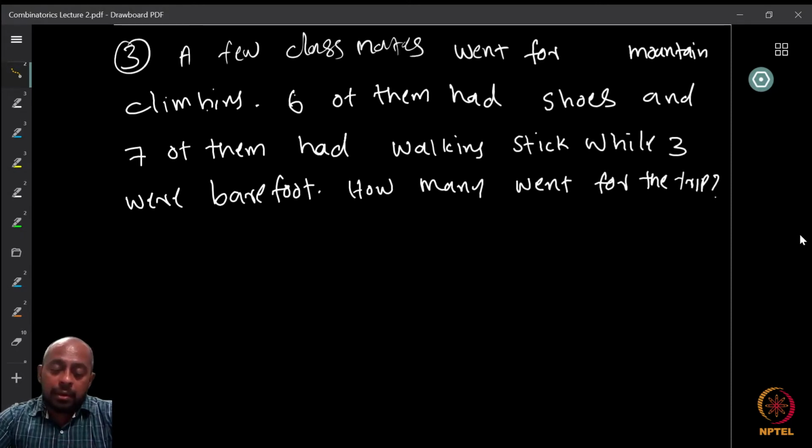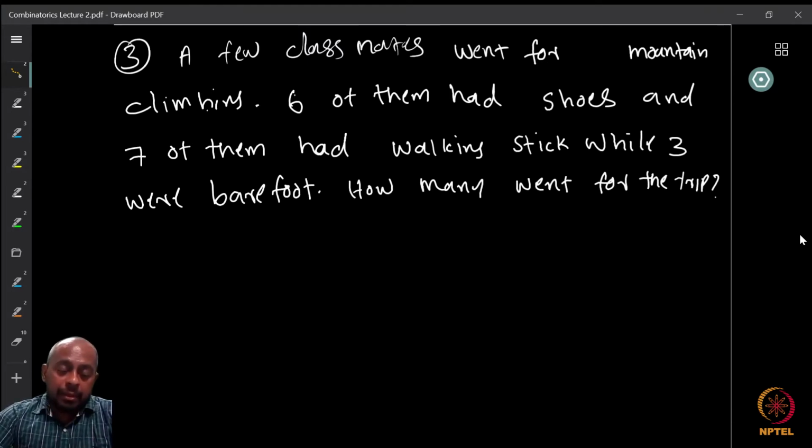Now, how many went for the trip? So here there are two problems. We don't know whether the question is exhaustive, whether it covers all the people. But even if, suppose we are given that the remaining 3 people were barefoot, we still don't know.